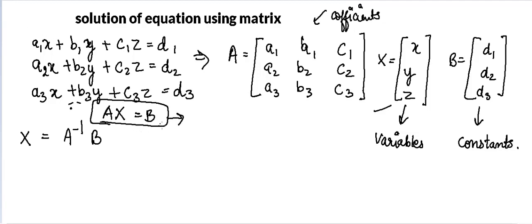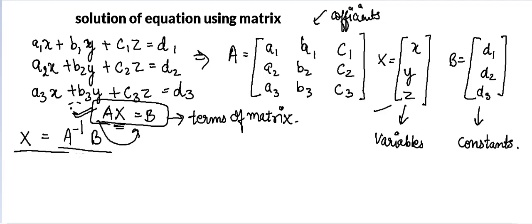This is A, x and B in the terms of matrix. This is the equation in terms of matrix. If you want to find the x, it would be A inverse B.